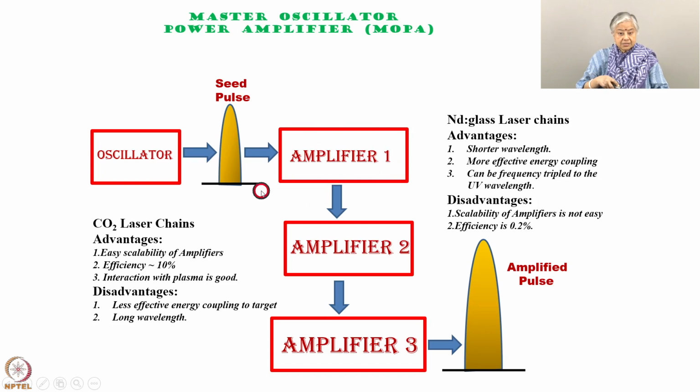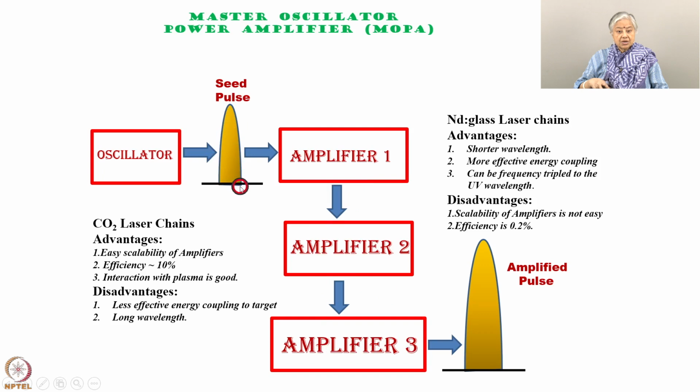After that, the same pulse, which has been amplified a bit, goes into the second amplifier, gets amplified a little bit more, goes into the third amplifier and gets amplified to a large extent like this. It is really a very simplistic schematic diagram, but that is the idea of a MOPA chain or a MOPA architecture of laser.